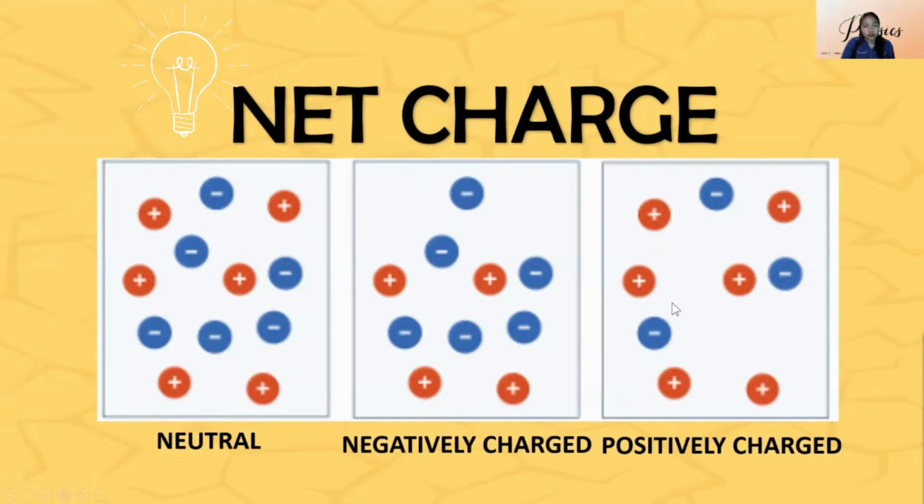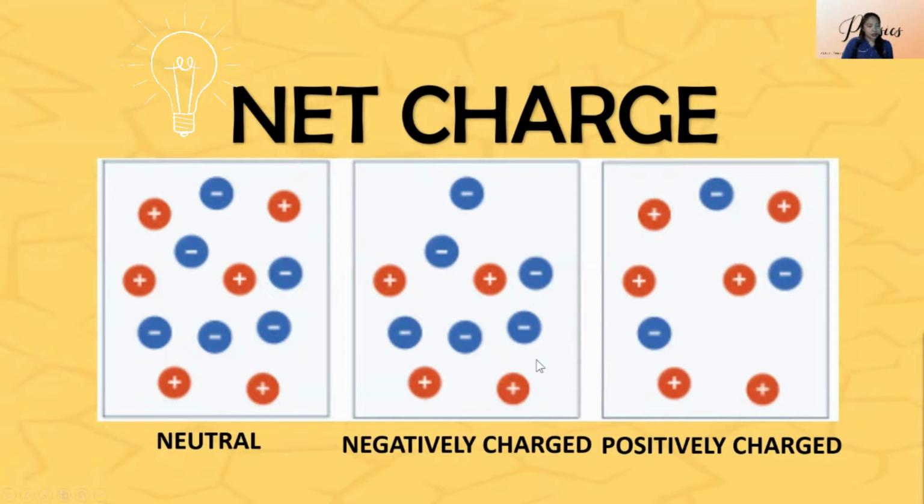So when the net charge of the object is negative, that means that the electric charge of the object is negative. When the net charge of the object is positive, that means that the electric charge of the object is positive.